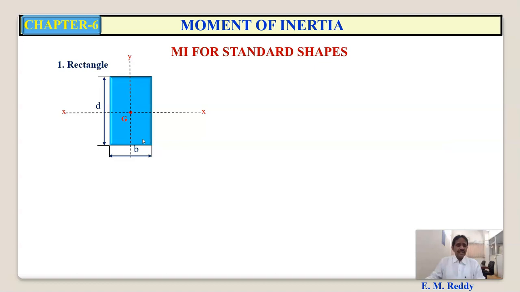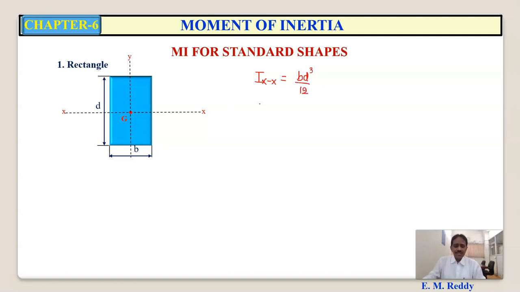So here is the rectangular section having width B and height or depth D. Here the x and y axes are passing through the center of gravity or centroid. Then the moment of inertia about the centroidal x-axis for a rectangular section is given by B d cube by 12.